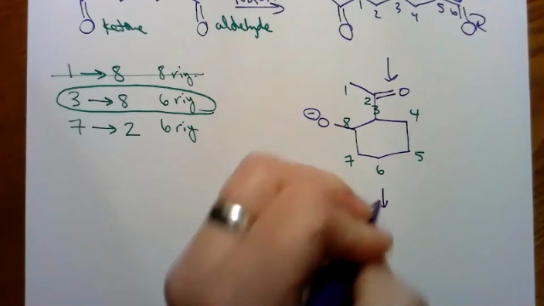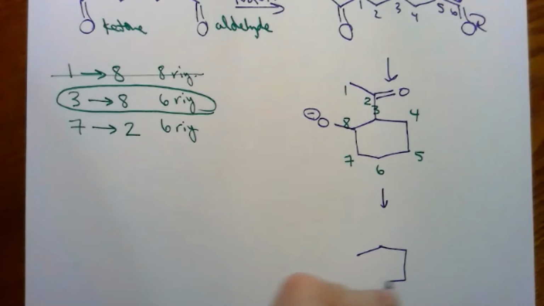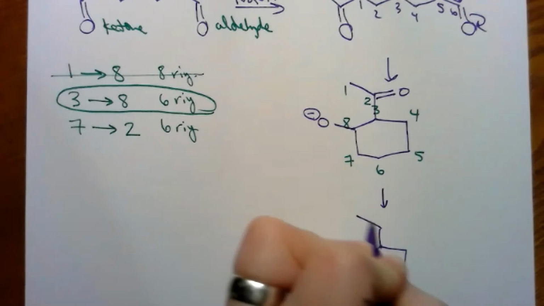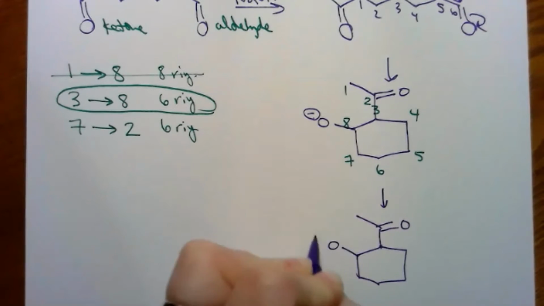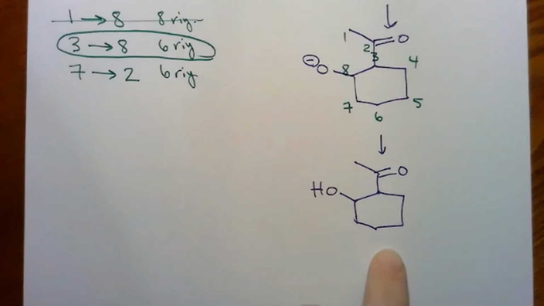You have to protonate to get your beta hydroxy aldehyde, beta hydroxy ketone thing. So you get this. This is and should be your appropriate predicted product. Because it's not run in acid, it does not count. You should not predict it dehydrated.